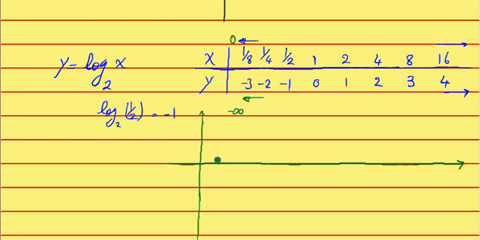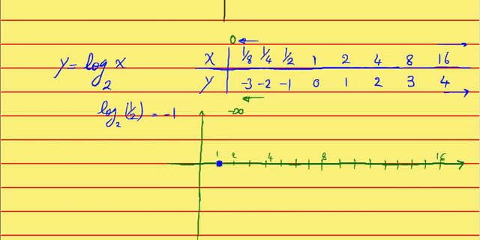Let me choose this as 1 and 2, 3, 4, 5, 6, 7, and 8, 9, 10, 11, 12, 13, 14, 15, and 16.